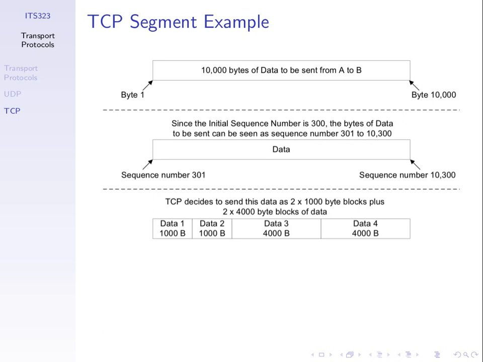The second byte would be 302, 303, and we'd number every byte such that the last byte would be 10,300. 10,000 bytes from 301 up to 10,300. That's only for the case where the initial sequence number is 300. That initial sequence number is chosen when we set up the connection, so it will be different each time.